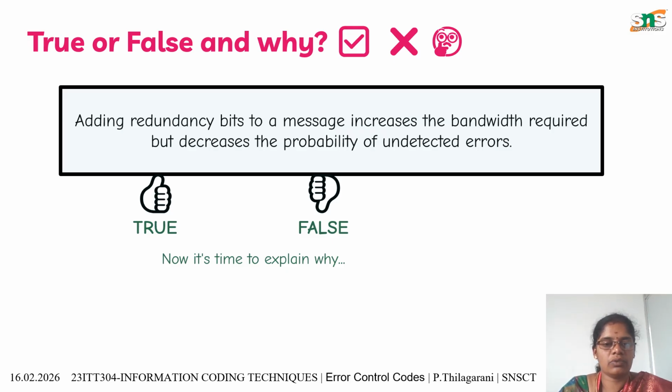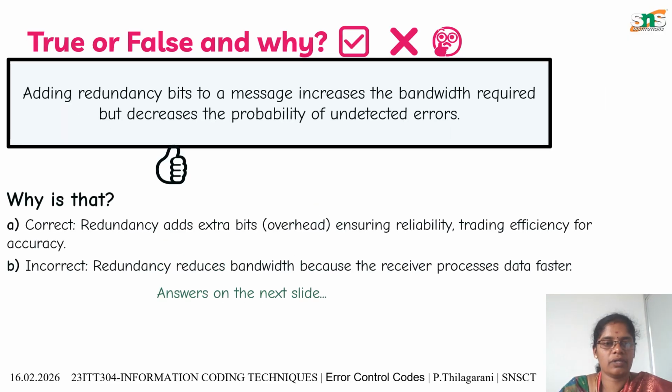Now it's time to explain why. Because adding redundancy bits to the message increases the bandwidth required but decreases the probability of undetected errors. If correct, redundancy adds extra bits, ensuring reliability, trading efficiency for accuracy.